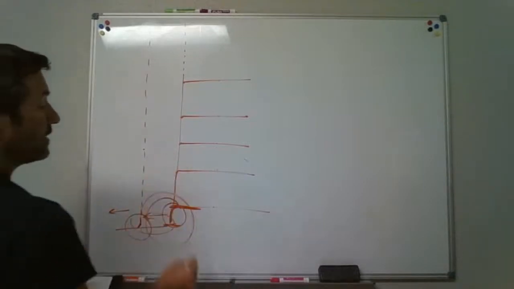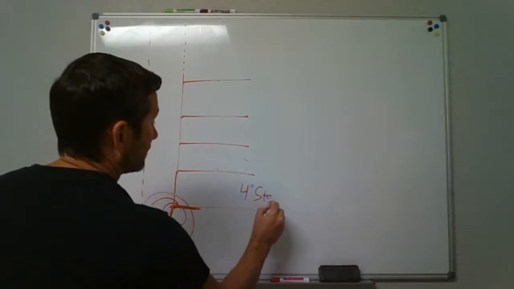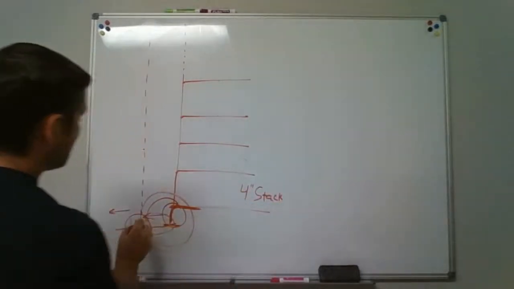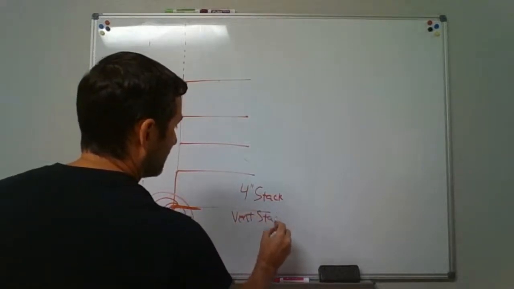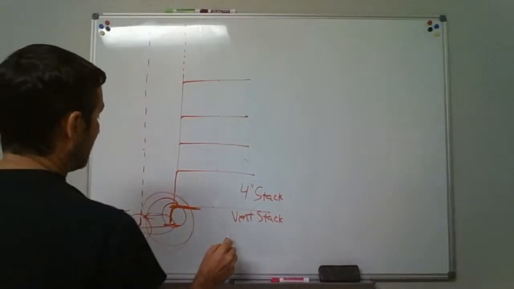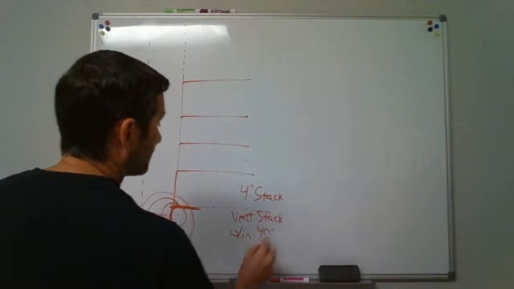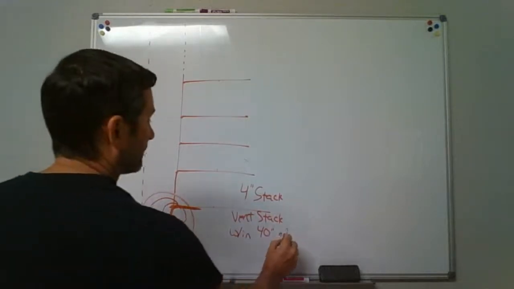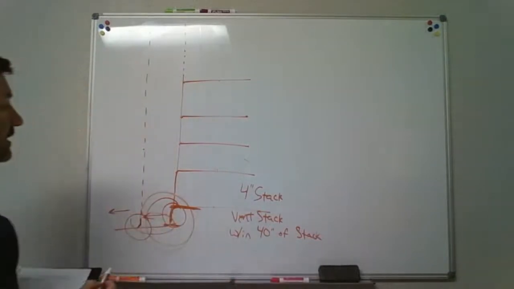So if you had a 4-inch drainage stack, the vent stack would connect to the building drain within 40 inches of the drainage stack. Okay.